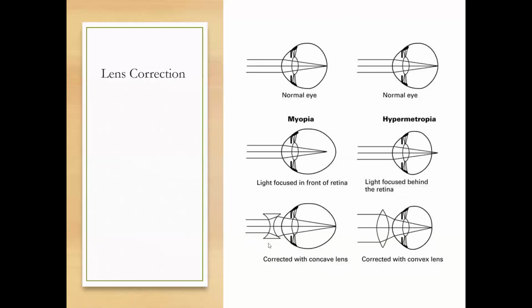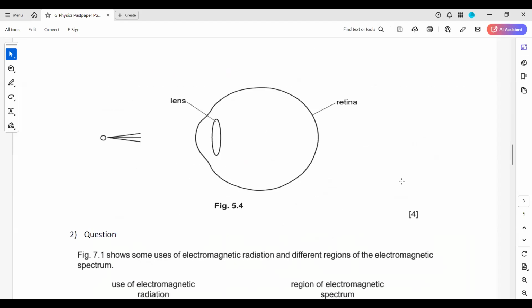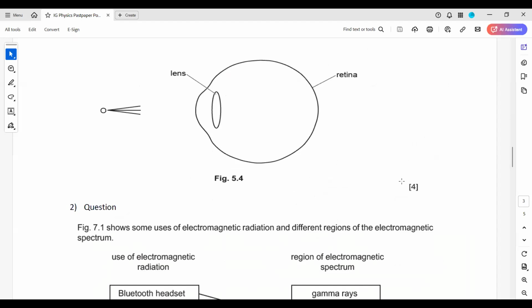You have to use a concave lens in the next figure, and you have to show the light rays converge. Here, you can draw the lens at this position. The light rays pass through the lens, will converge, not completely bend, and then the light rays passing through the lens will focus on the retina.